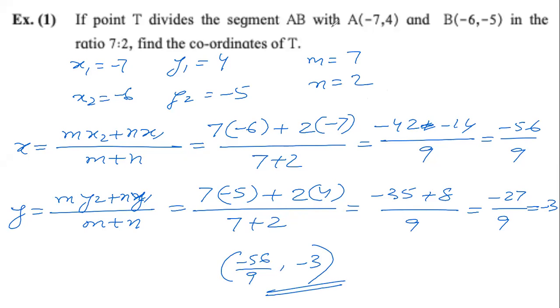Remember, the coordinates can also be fractions. The coordinates can also be decimals. Those are basic things. What new thing we have studied is the formula: mx2 plus nx1 by m plus n, my2 plus ny1 by m plus n. That's all we are studying new.